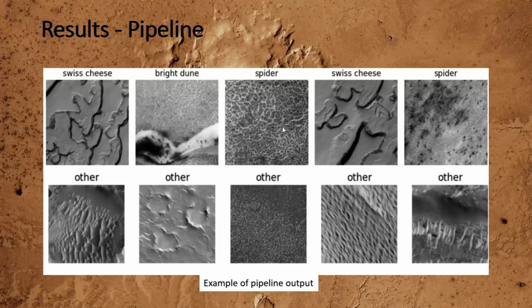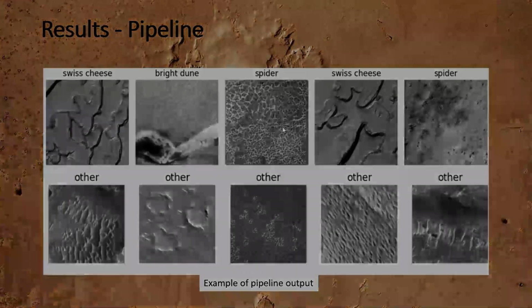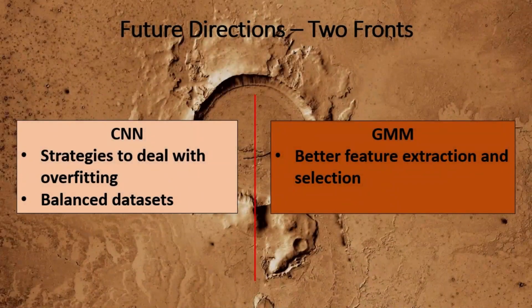However, images classified as other contain interesting phenomena that nonetheless should be sent to Earth, as they are important for our knowledge base. By further studying the images in question, new phenomena can be discovered and further classification can be developed. Future work will focus on methods and strategies to deal with overfitting, as well as more in-depth tuning of the parameters of our CNN classifier.